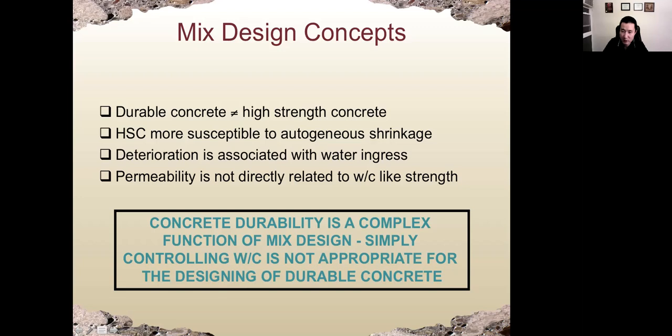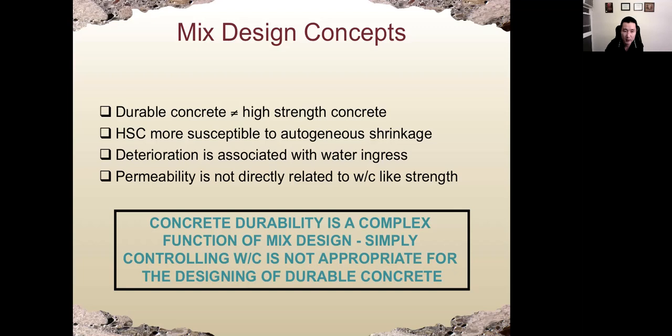In future lectures, we'll discuss what autogenous shrinkage is and why this type of shrinkage only occurs in high strength concrete. So if the concrete has high strength, but a lot of cracking due to autogenous shrinkage, the permeability will be high and the concrete will not be very durable.